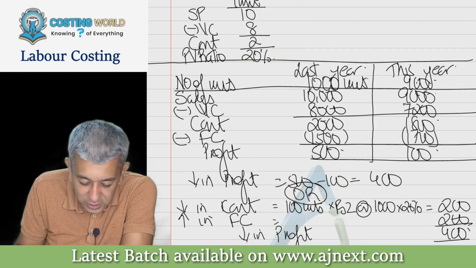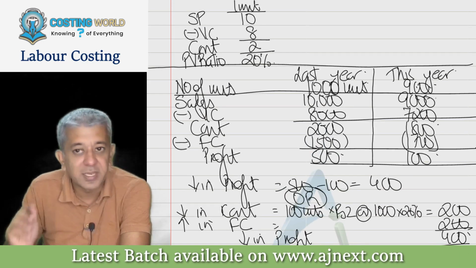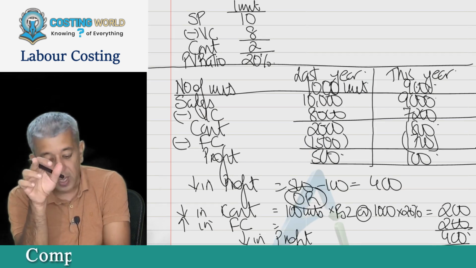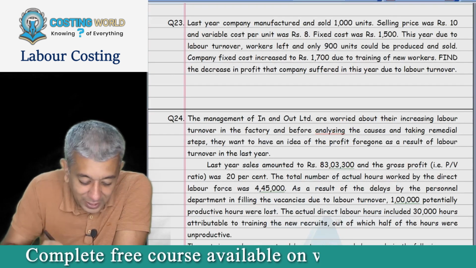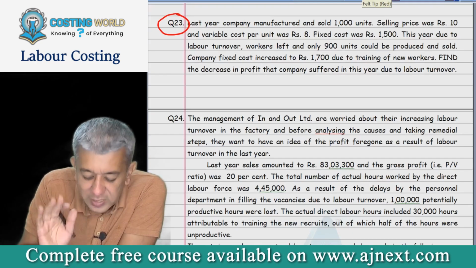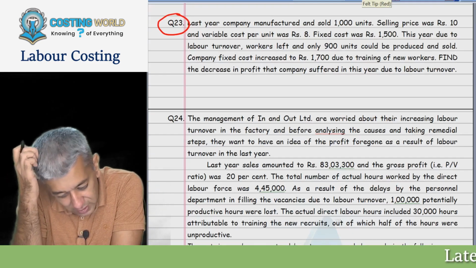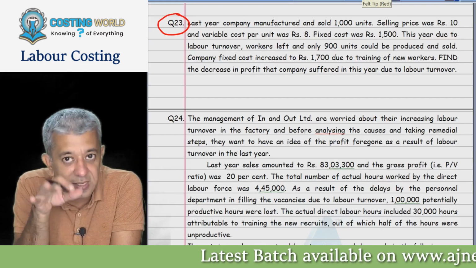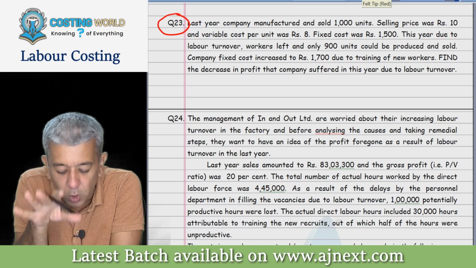Okay. Now, this was just a demo question from my side. But this is my demo question which I have printed also in form of question number 23. So just read that question number 23. When you're reading, try to please think it is exactly same as whatever I have told you right now.